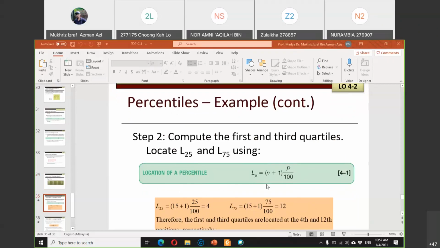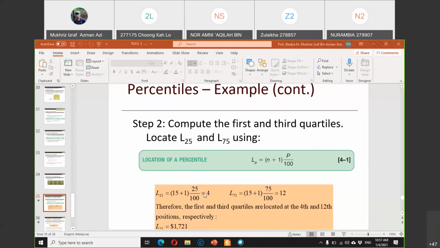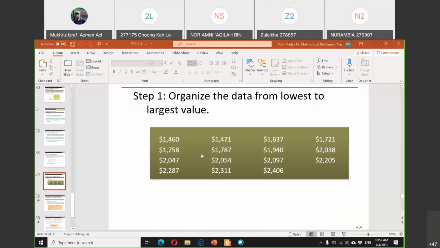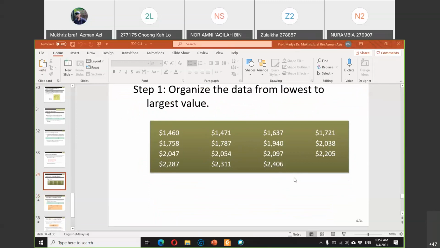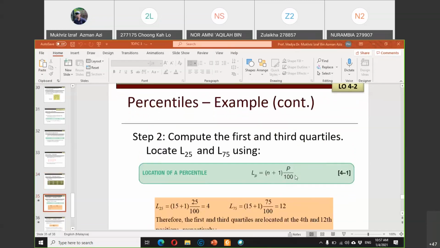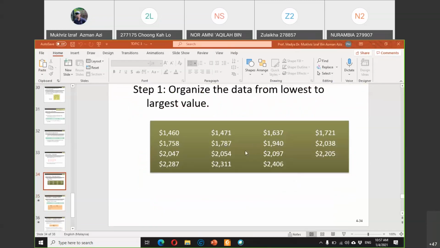The same thing here. You want to calculate the third quartile or the 75th percentile value. So n plus 1 is 16, multiplied by 75 over 100. You get 12. So 4 and 12 is not the answer that you can get. The value that you plug into the formula does not automatically give you the answer.